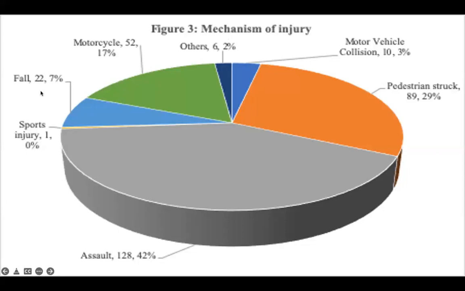You are seeing we are not getting a lot of sports injury, it's only one, and we are getting falls where people are falling, and this one were two categories. It was guys who are intoxicated and fell off a height, or construction workers who work in areas where there are not enough protective mechanisms.